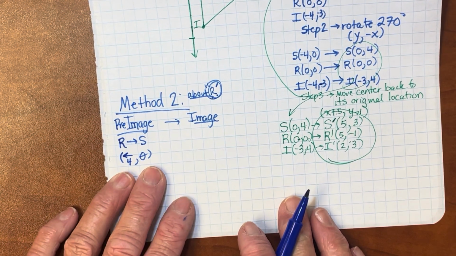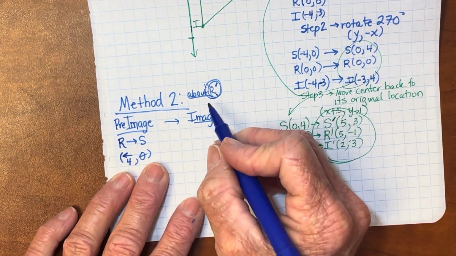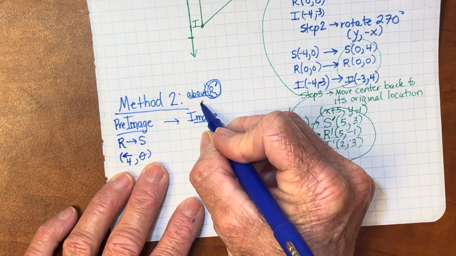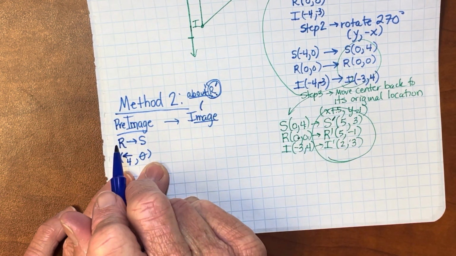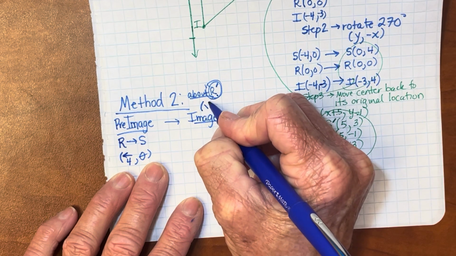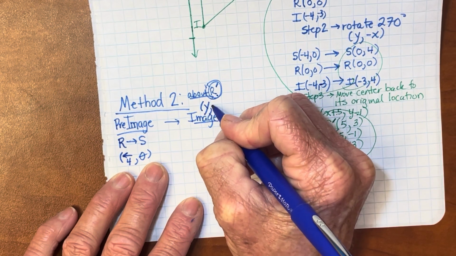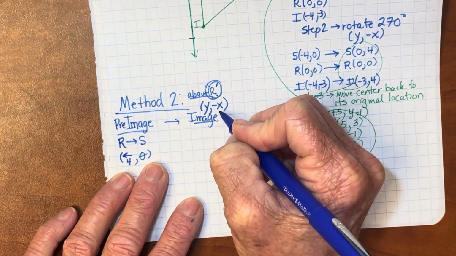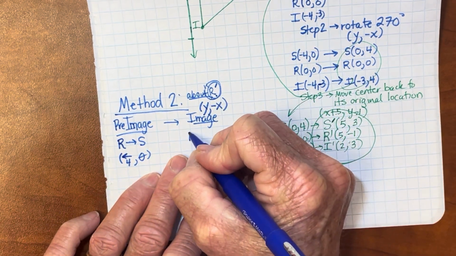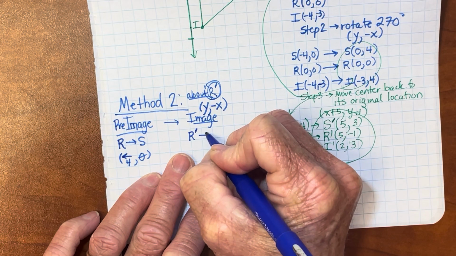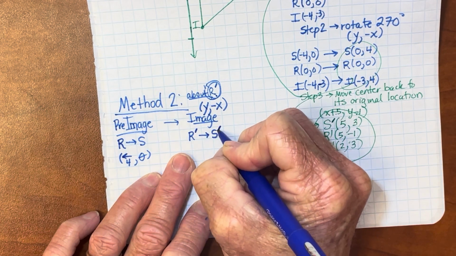So that's 0. We're rotating 270 degrees, and the 270-degree rotation rule that we just used a moment ago is Y comes to the front and stays the same, and X goes to the back and changes. So I'm going to use that in terms of my movement.